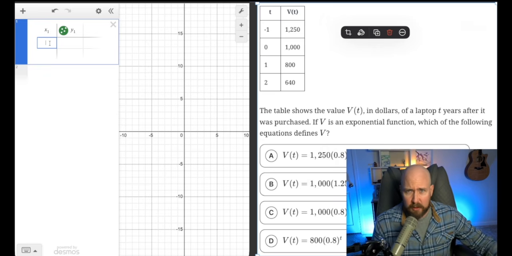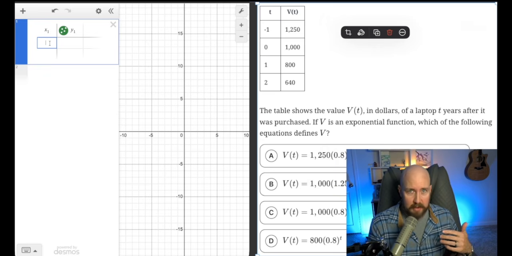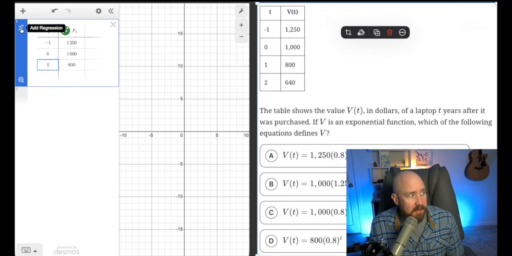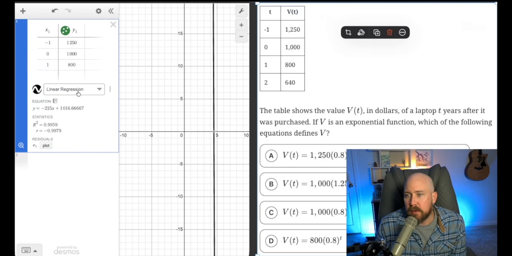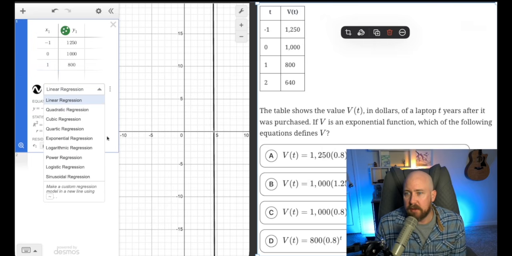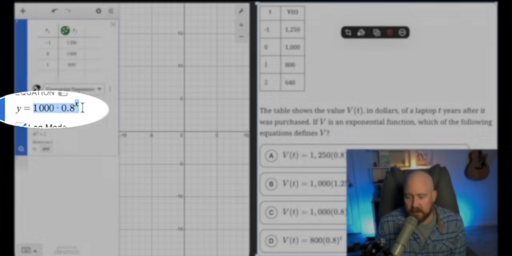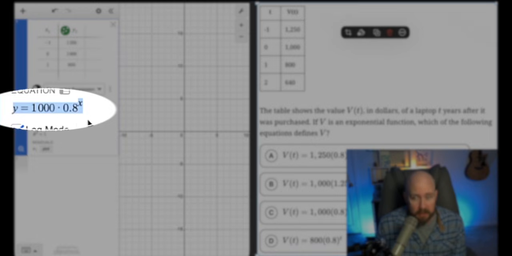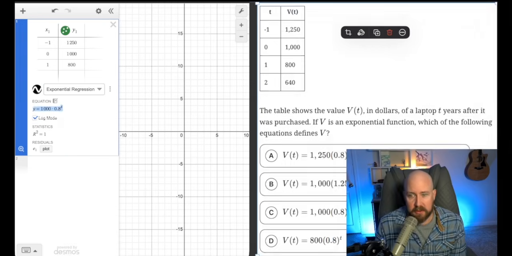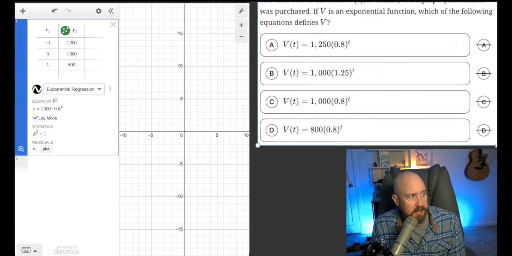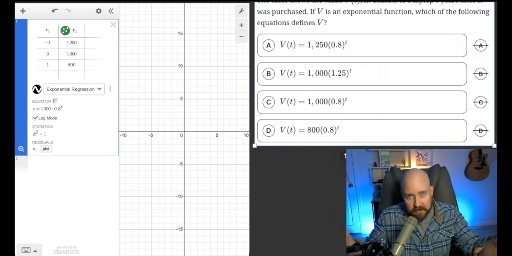And typically, we only need about 3 points for any quadratic or exponential function. So for this one, I'm just going to put 3 of the points in. Cool. And then we're going to click this little button here that says add regression, and we're going to change this to exponential regression. And now you can see it's giving us our answer, which is 1,000 times 0.8 to the x. So looking at our answer choices, it would basically be choice C here. t is x in this case.